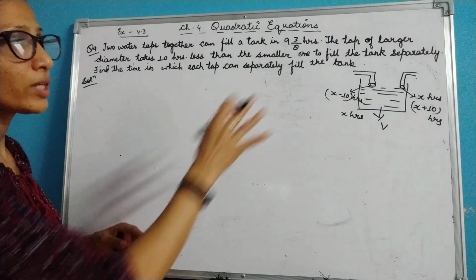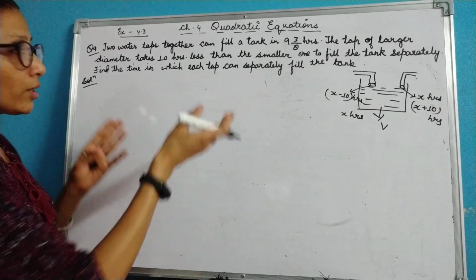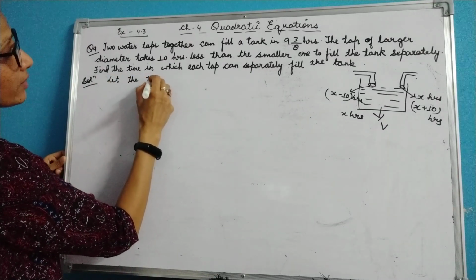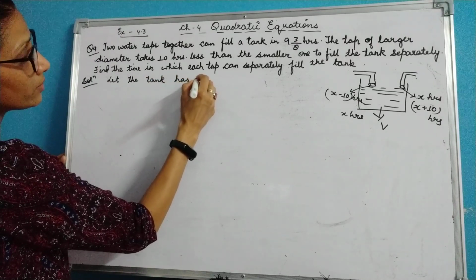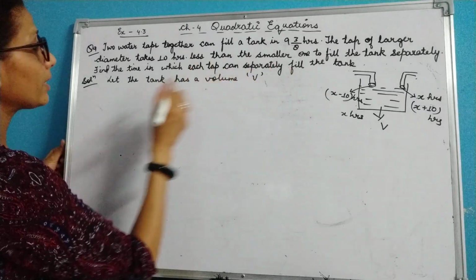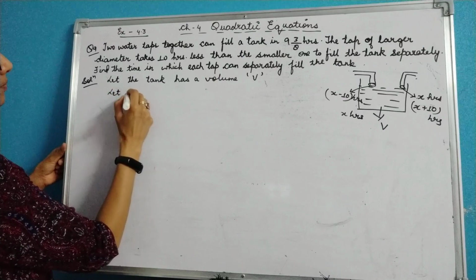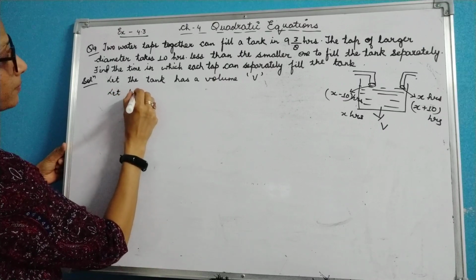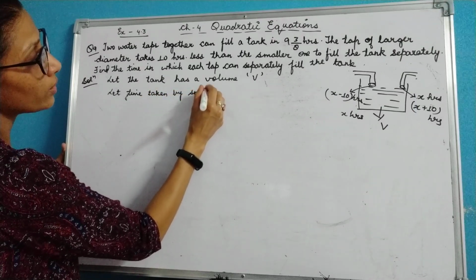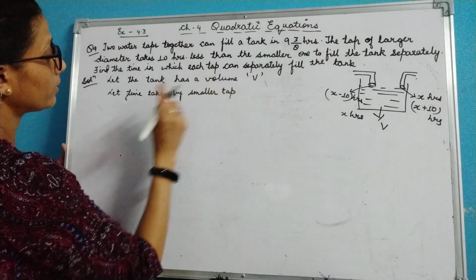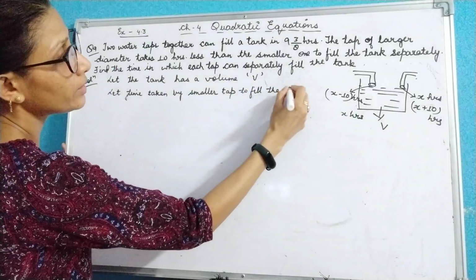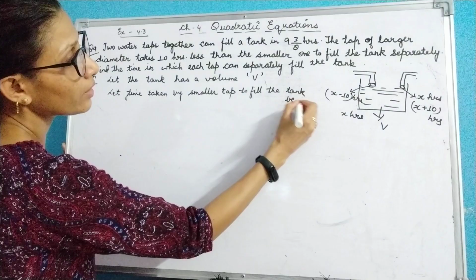So here, first of all, whatever we have shown in the diagram, we'll write here in words. So let the tank have a volume V. Secondly, let the time taken by the smaller tap to fill the tank be X hours.